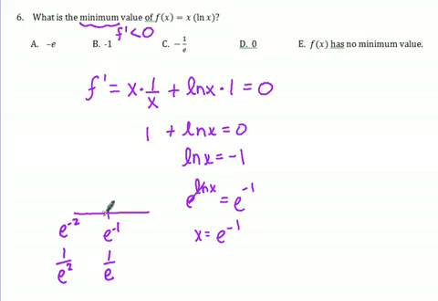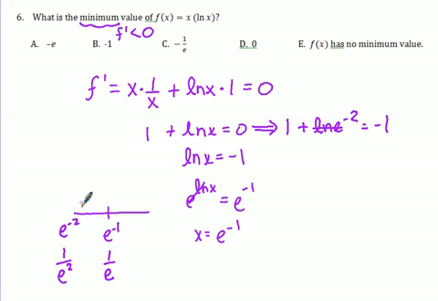So this would be a value that's in this interval. I'm going to plug this into my derivative, which is here. If I plug in e to the -2 for x, I get 1 plus natural log of e to the -2. Natural log and e cancel out, and we get 1 plus -2, which is -1.